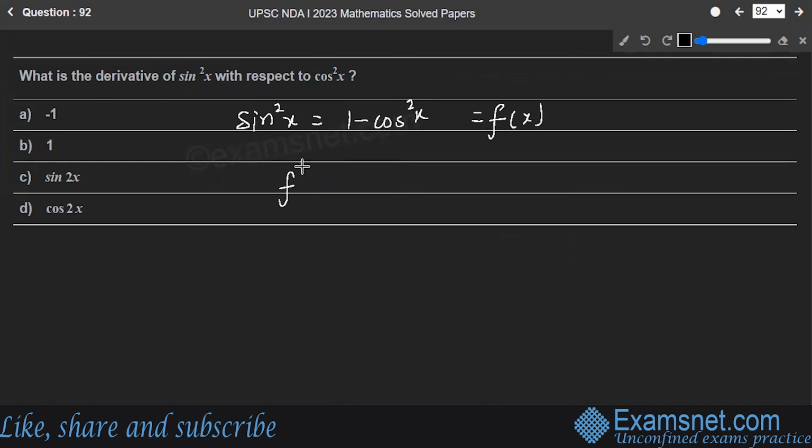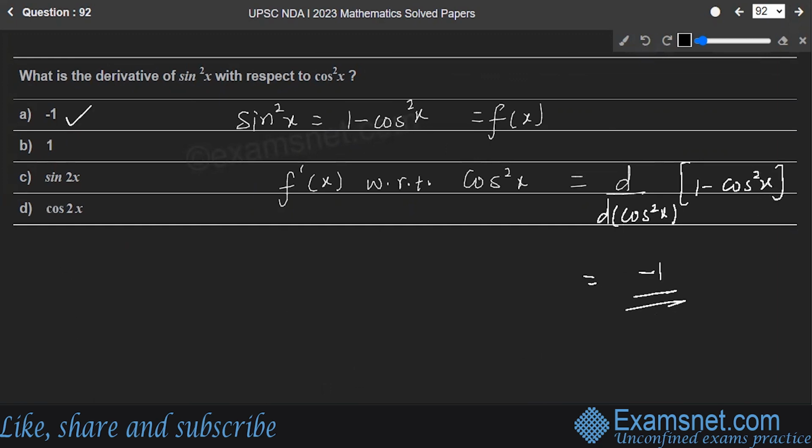So the derivative of f(x) with respect to cos square x will be the derivative of 1 minus cos square x with respect to cos square x, which will be equal to -1 only, right? So it looked like a tough question, but actually it was pretty easy. So option A is the correct one.